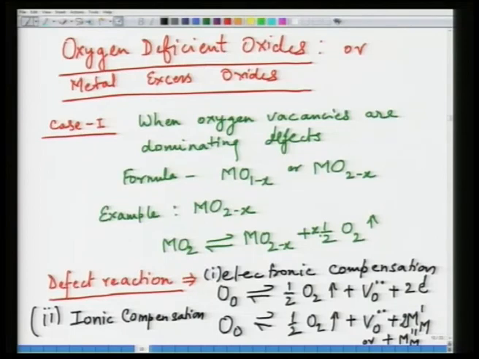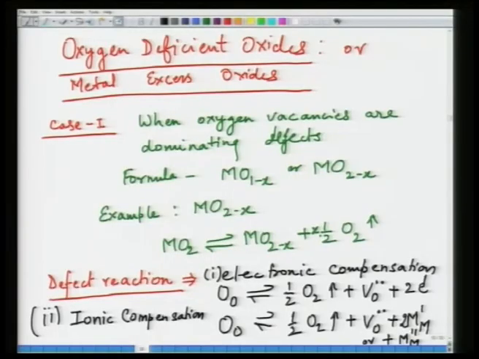However, the first scenario is more likely because it is reduction from +4 to +3 state, since the reduction happens in subsequent steps. So, the first scenario is more likely as compared to the second scenario.